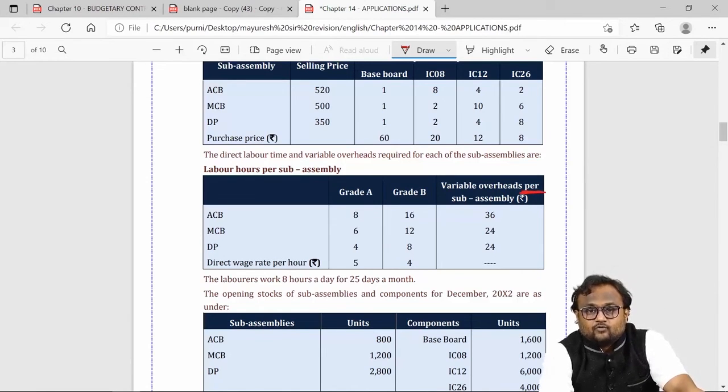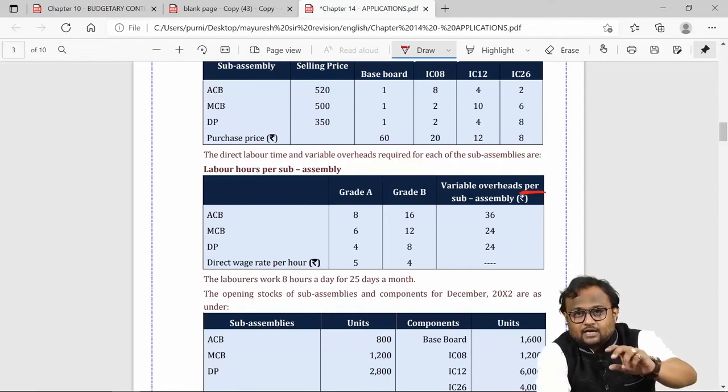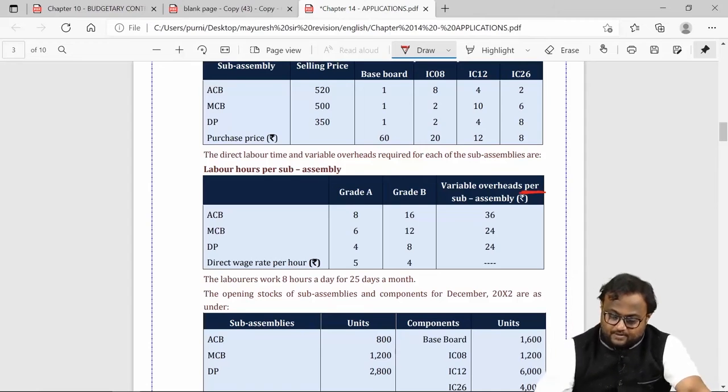Once you have labor cost, you can go for variable overhead per sub-assembly. Per sub-assembly means per unit. Per unit means this is a direct figure available. You can directly pick it up and write it down in the solution.